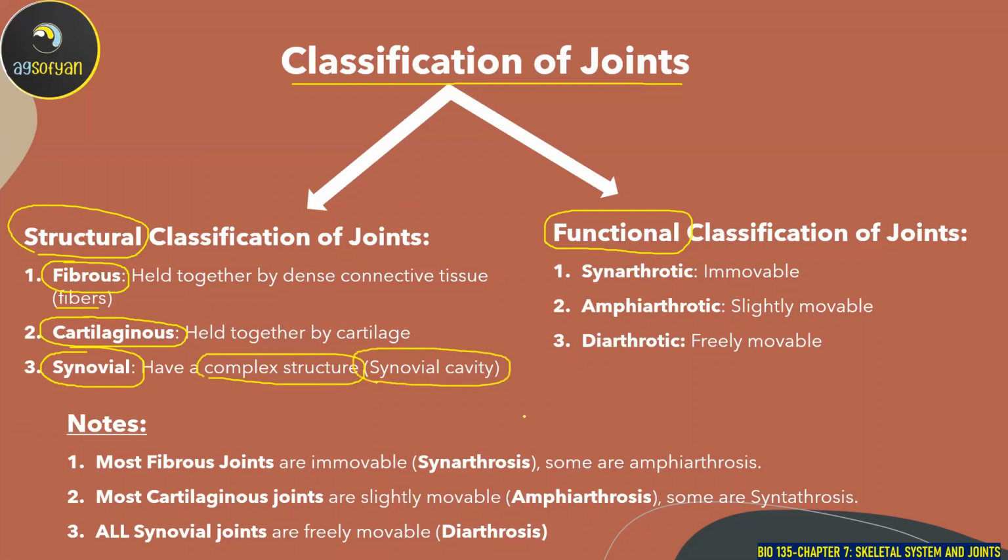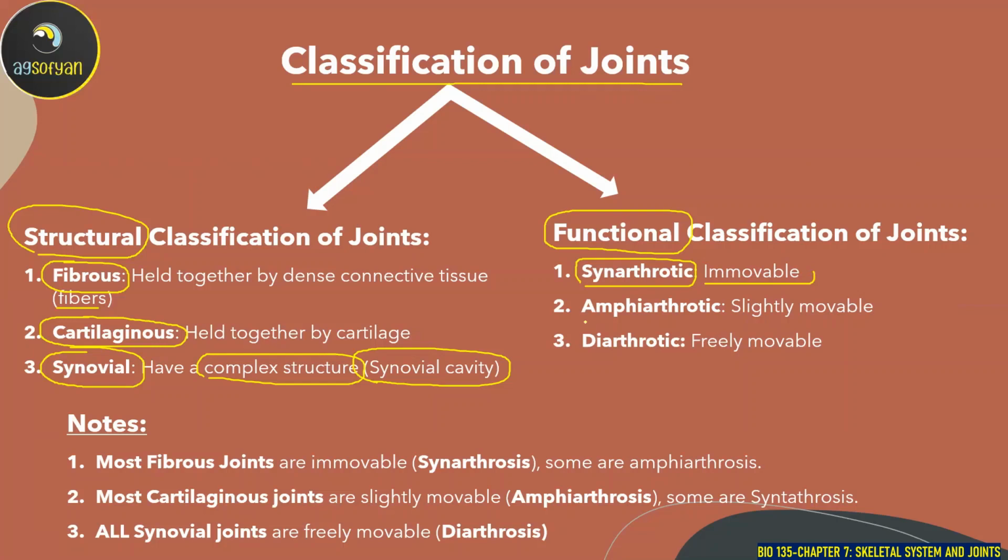Okay. So based on the function, mostly about movement, there are three types of joints also. The first one is called synarthrosis, which is a type of joint that is unable to move. So this is an immovable joint.